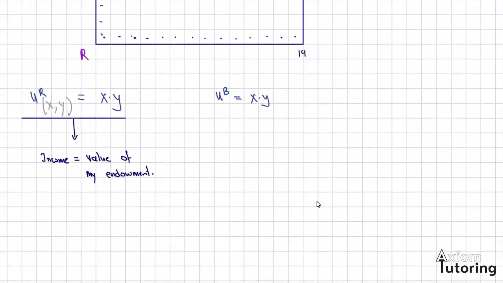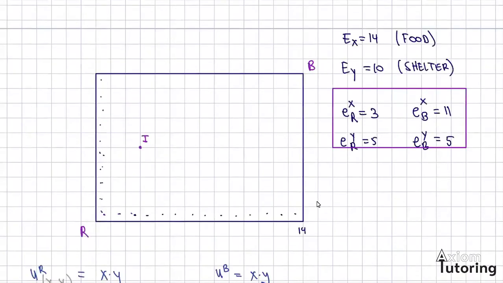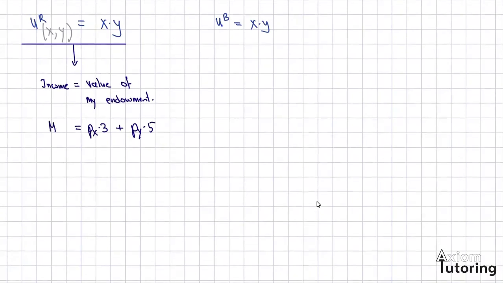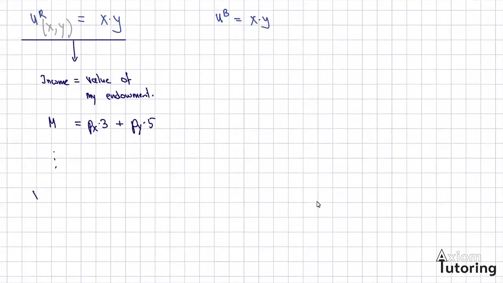But what I could do is write this value of endowment as a function of prices. So I could say the price of X times X, which in this case I know is 3. I have 3 units of X. Yeah, 3 plus price of Y times 5. That's my income. That's my M, right? My monetary income. And knowing this, I could come up with a function for the optimal consumption of X given my income, right?